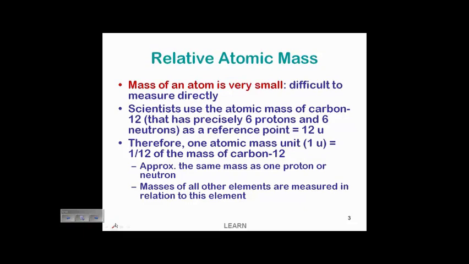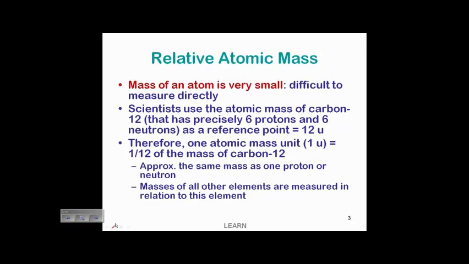We're assuming that all protons and neutrons have the same mass. We're assuming that electrons have no mass because they're really, really small in comparison to the proton and the neutron. And we're assuming that almost all of the mass in an atom is in the nucleus.